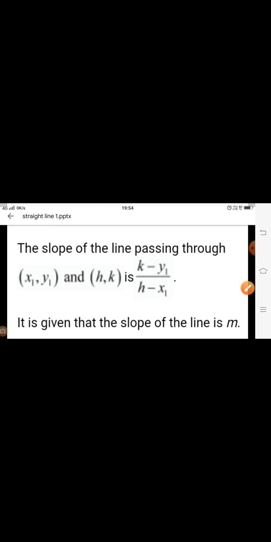The next question we have is question number 12. A line passes through (x1, y1) and (h, k). The two coordinates are given to you. We can easily take the slope if 2 points are given, and if the slope of the line is m, it means that m = (y2 - y1)/(x2 - x1), the same concept that we are using here. According to the question, this value is equal to small m.